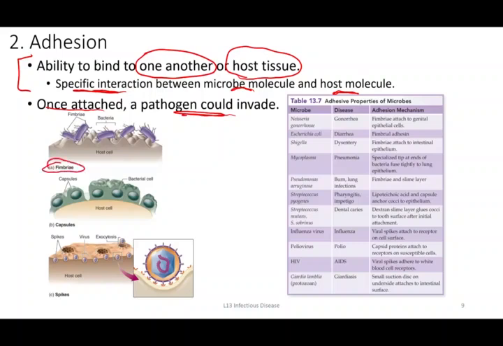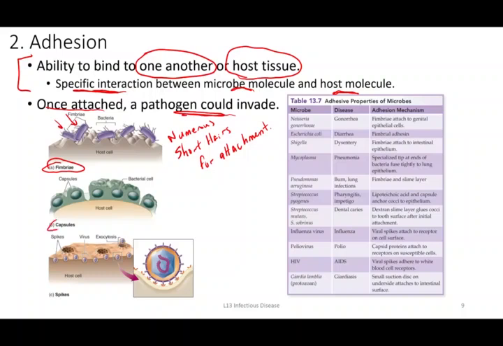So fimbriae are numerous, short hairs for attachment. Not all bacteria have them, but those bacteria that do have fimbriae, and you can see in this picture, fimbriae are for attachment. So if a bacterium has them, it's going to allow them to attach to one another or to host tissues potentially.